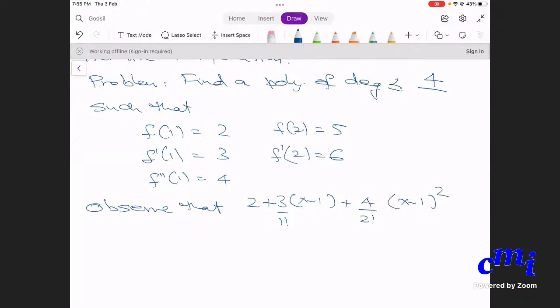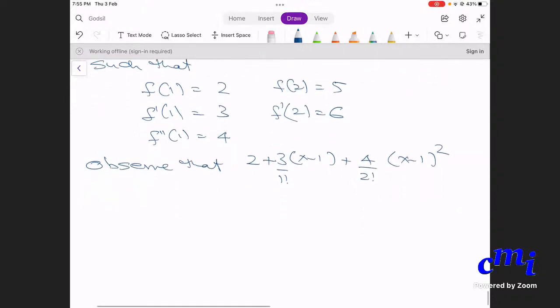Let's take this polynomial. So this is like the Taylor expansion. In the Taylor expansion, the coefficients will be some a_n by n factorials. So let's take this polynomial and let's see what properties this polynomial has.